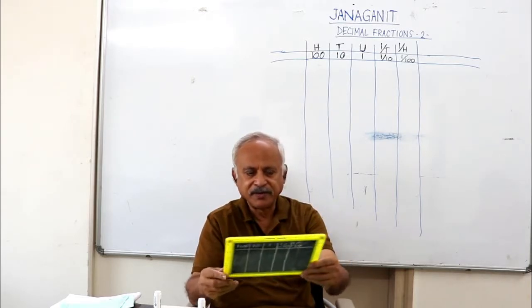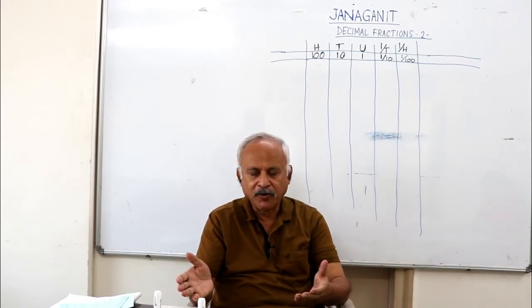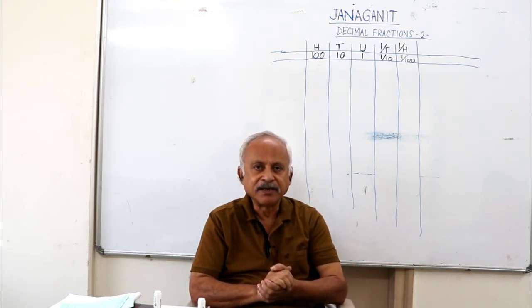So there are different ways of making the number, of writing the number. And today we are going to learn yet a slightly different way of writing decimal fractions using something known as the decimal point.